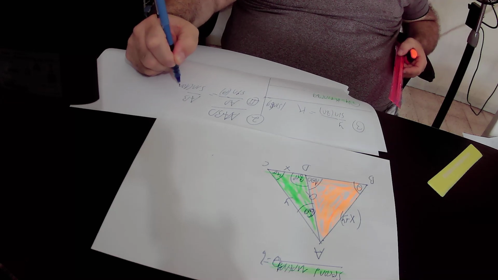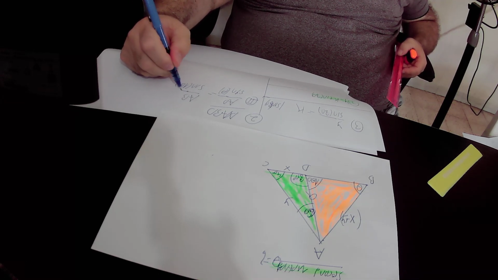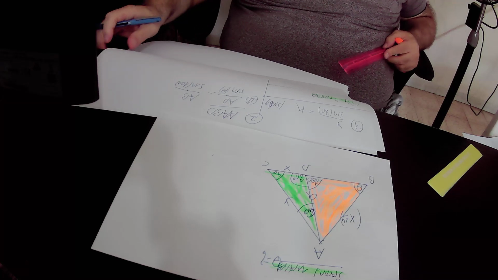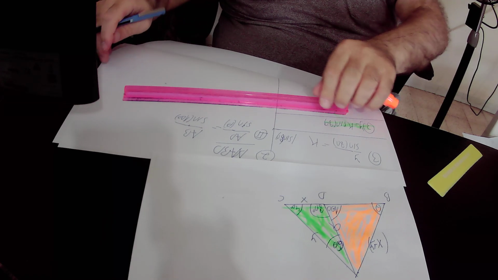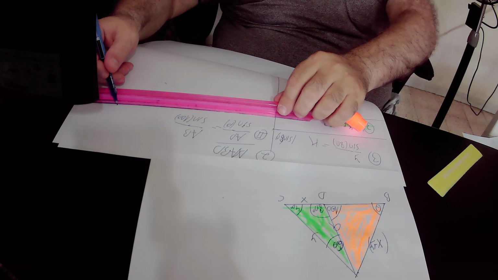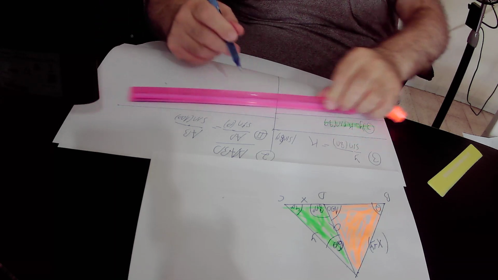So this equation is the implementation of the law of sines in the orange triangle ABD.